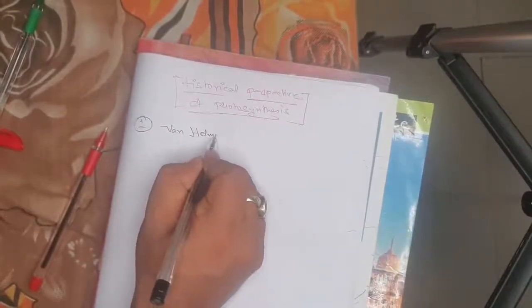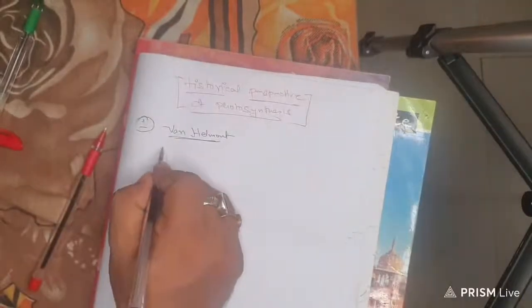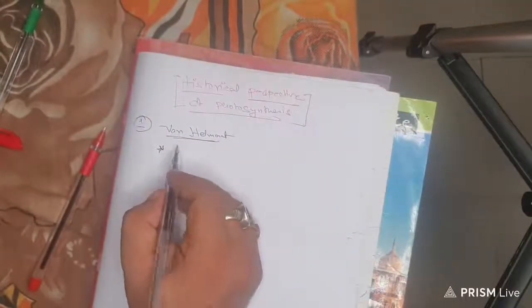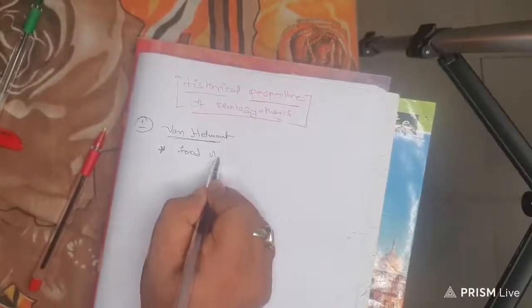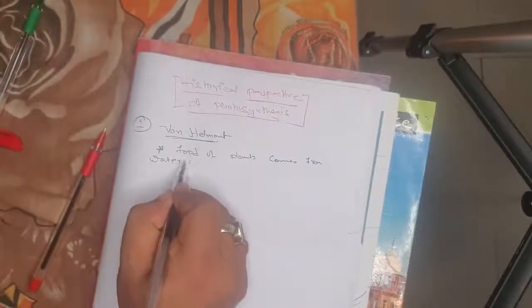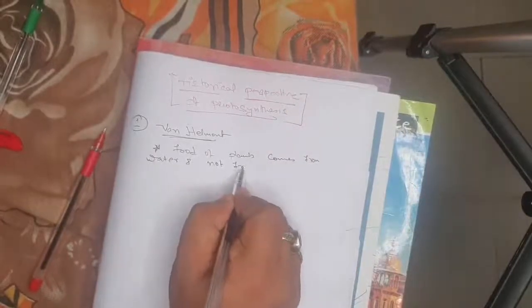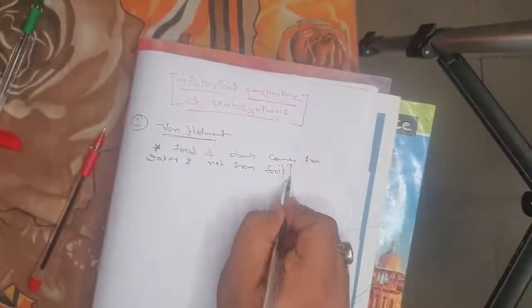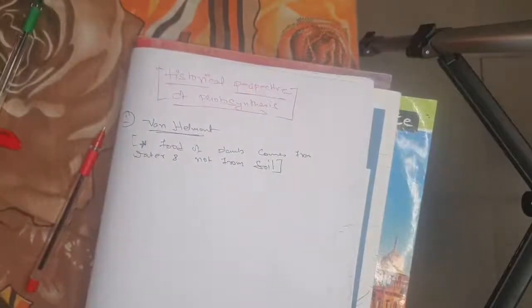Van Helmont concluded that food of plants comes from water and not from soil. So this is his conclusion, that food for plants actually comes from water.